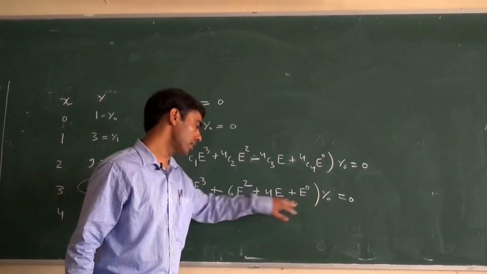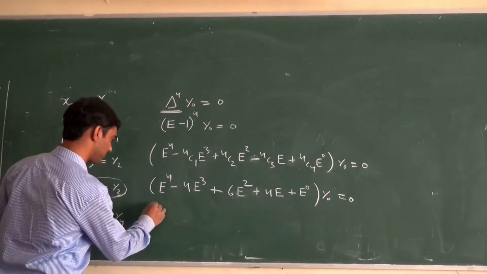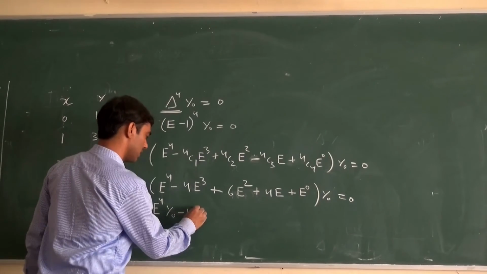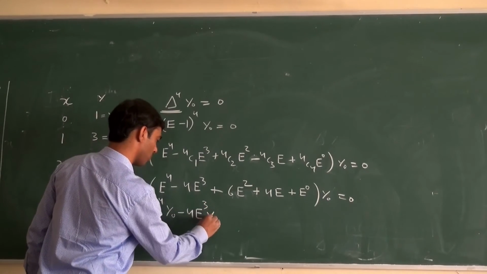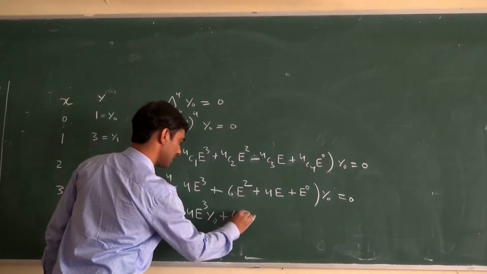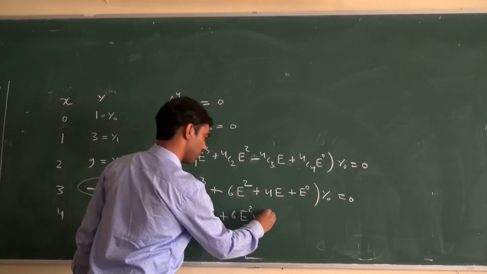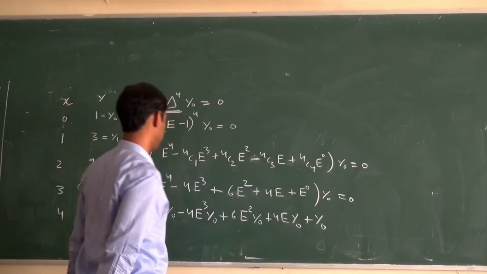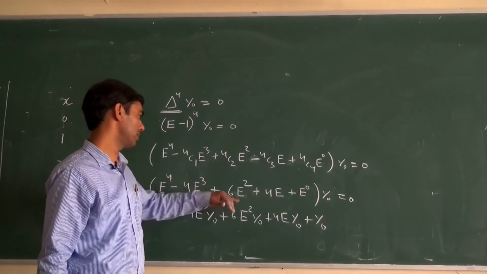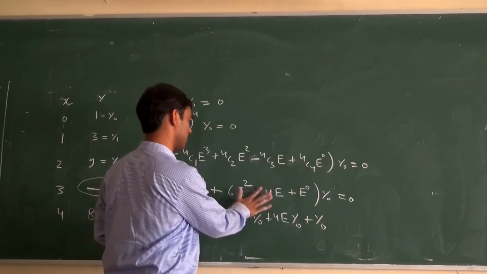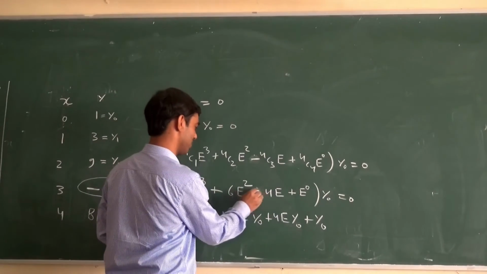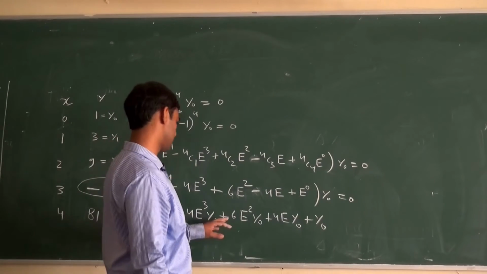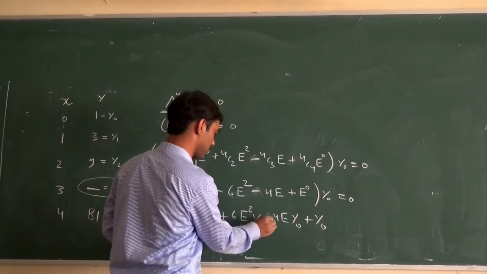Now we operate this on y0: E⁴y0 minus 4E³y0 plus 6E²y0 minus 4Ey0 plus y0. Let us check the signs: this one is plus, minus, plus, minus, plus.